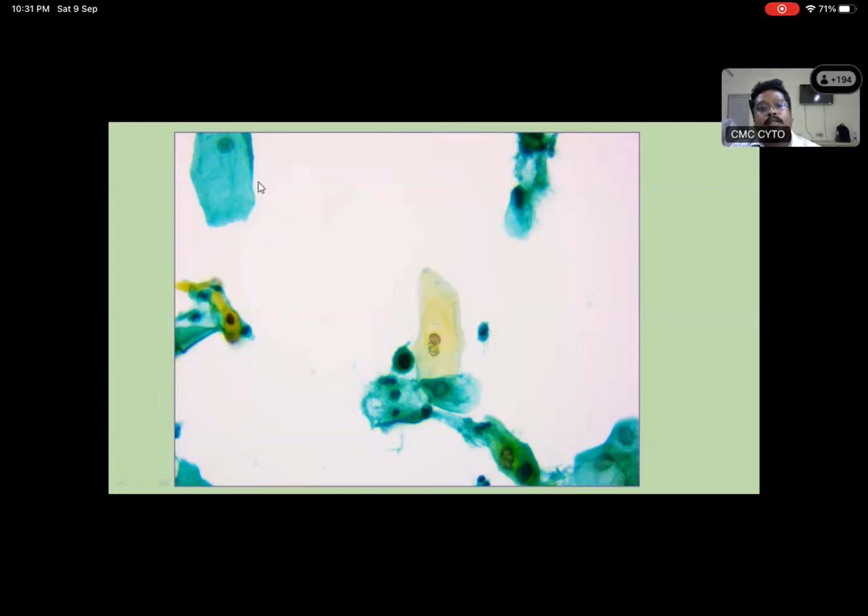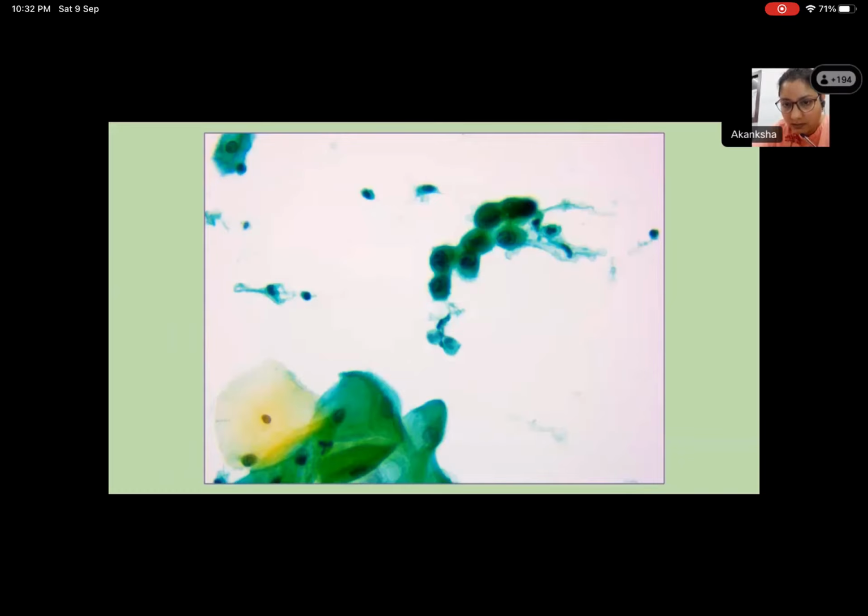Rest are all looking normal. So what will you call it? Like this cell? Seems to be like HSIL. ASC-H. Yeah, or like this, just this single cluster.